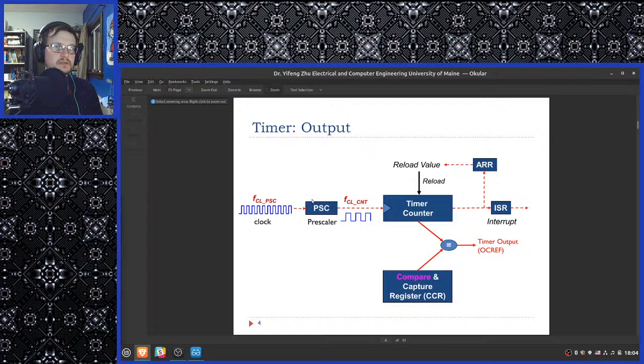Because the register that controls the prescaler value has the same relationship to the prescaler that the auto reload register has to the timer. It is of a fixed size in bits, so the maximum reload value you can have is 2 to the power of that bit width. So the same will apply to the prescaler.